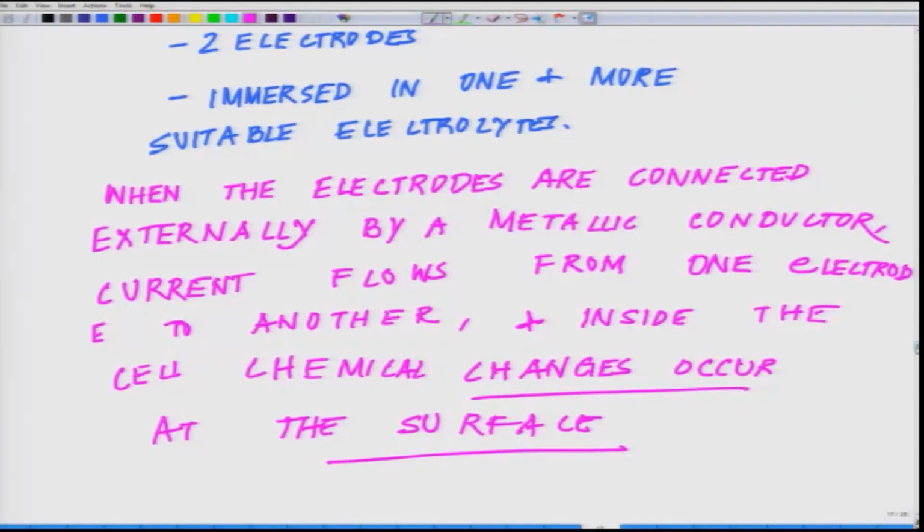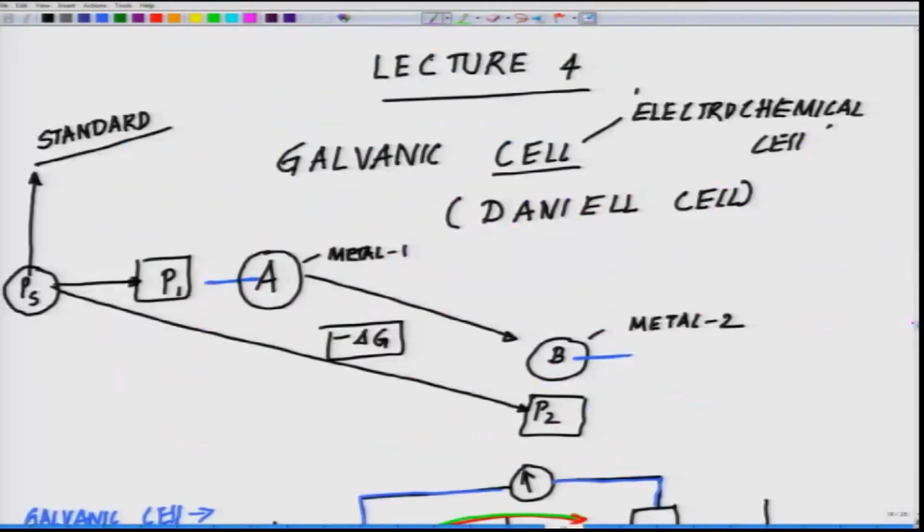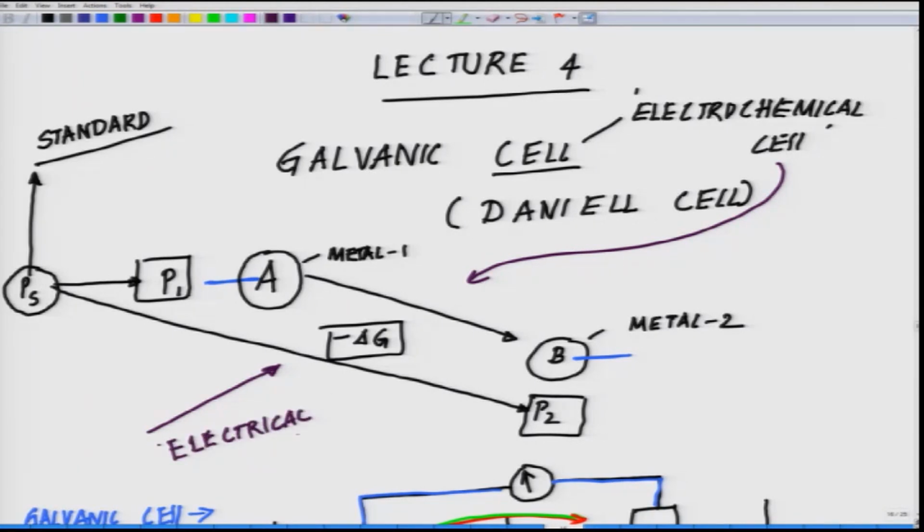In other words, if we have to put in electrical energy for the reverse reaction to happen, then those kinds of cells are called electrolytic cells.